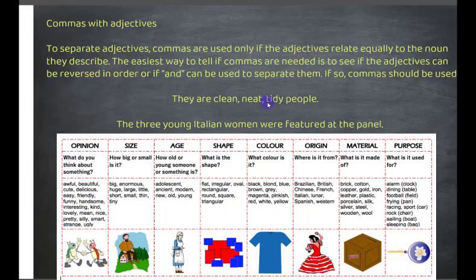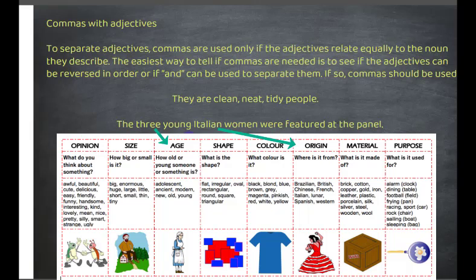In the second example, we have "the 3 young Italian women were featured at the panel." So we have 3, young, Italian, which are all our adjectives or modifiers. You'll notice that we don't have the comma there, and we can't put the word "and" because we have different kinds of adjectives. So the order of adjectives is different, and we can't move it around.